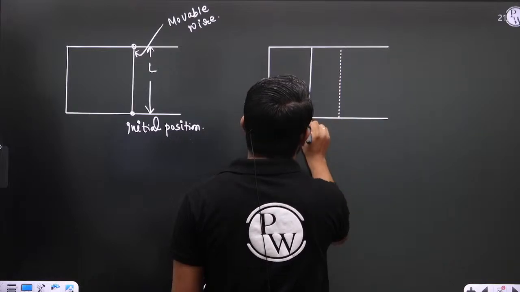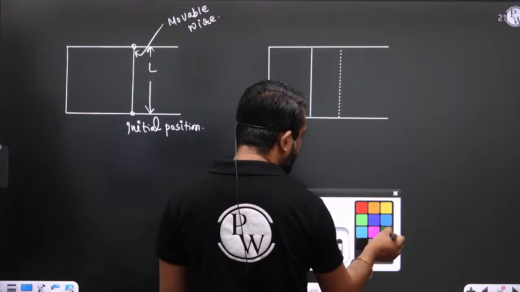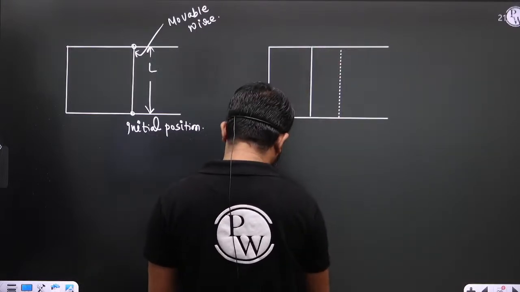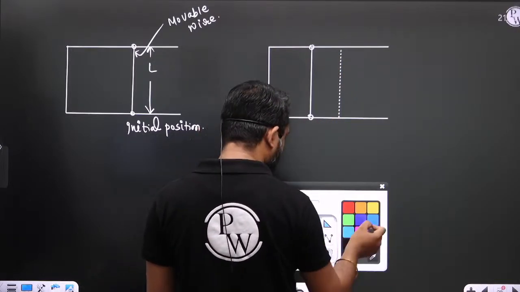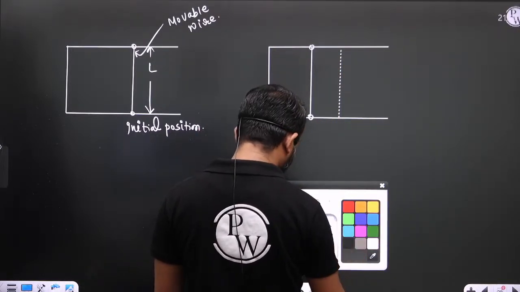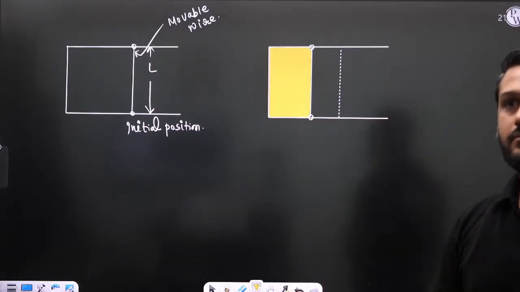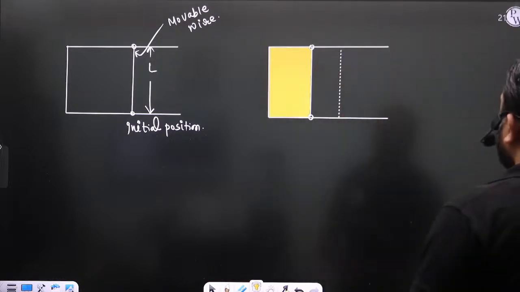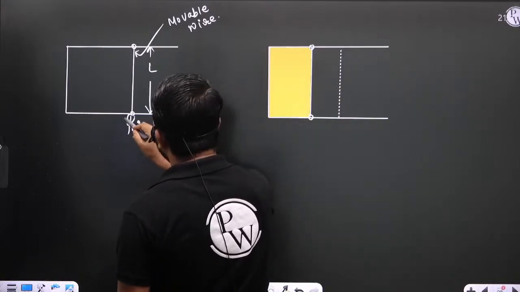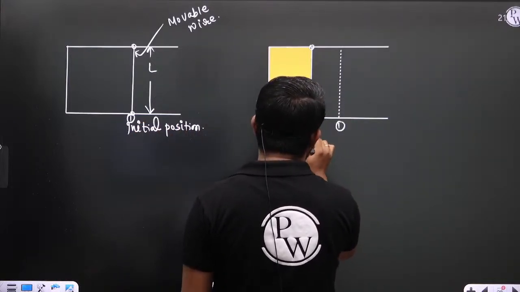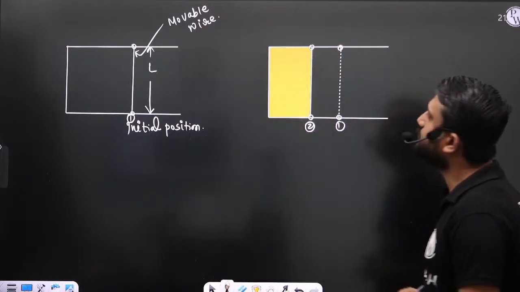And this is the soap solution. This is the initial position, or position number 1, and this is position number 2.